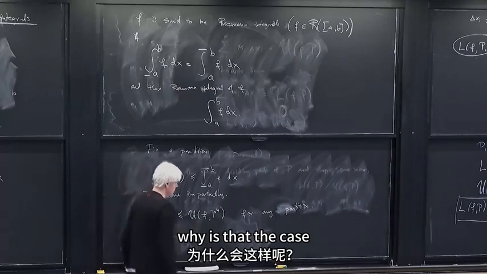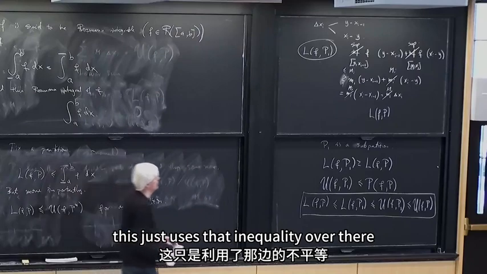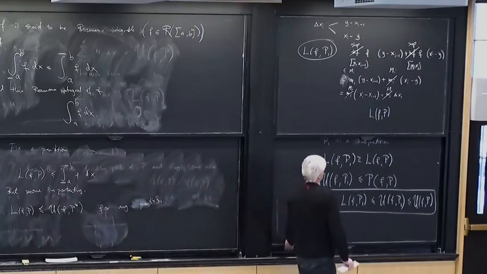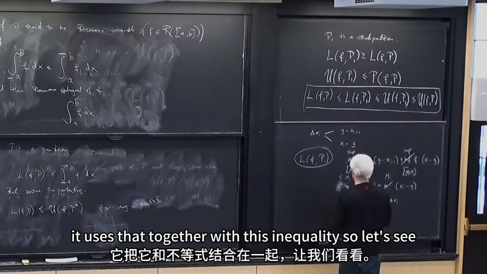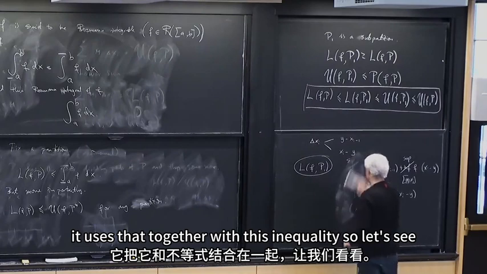Why is that the case? This just uses that inequality over there. It uses that together with this inequality. So let's see.